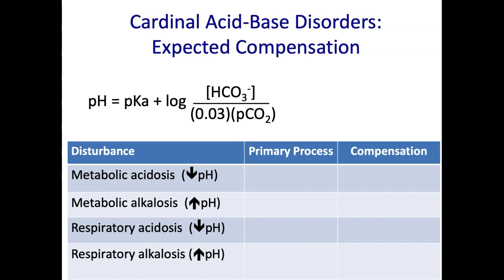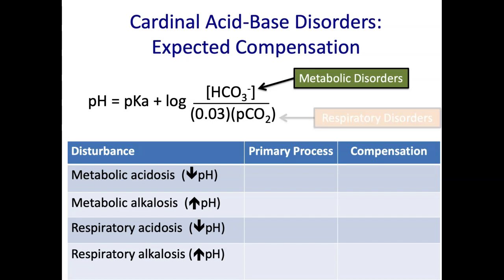So the only things that can change are the bicarbonate concentration and the PCO2, the partial pressure of CO2. So a metabolic disorder, by definition, is some process that's affecting the concentration of bicarbonate in the plasma. A respiratory disorder is a process that's going to affect the partial pressure of CO2.